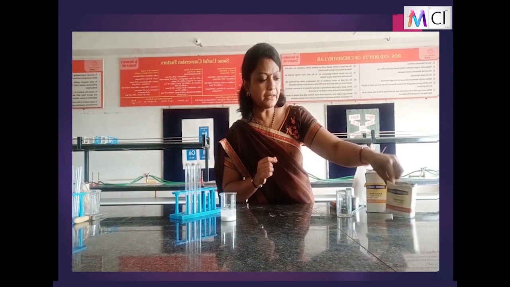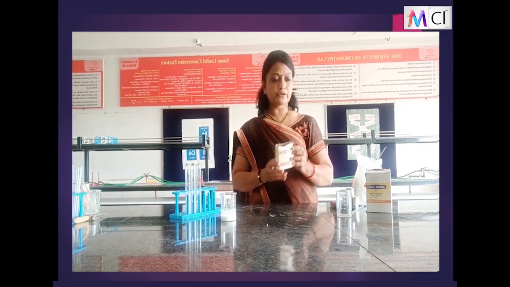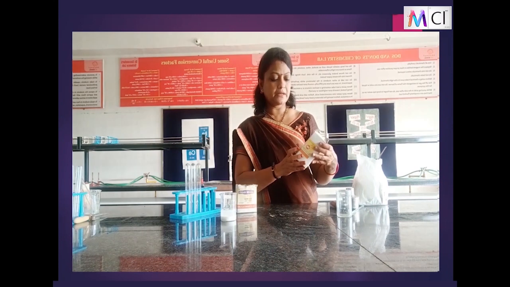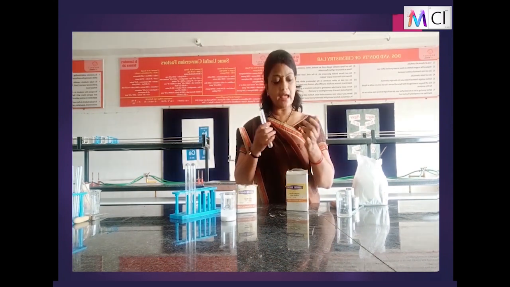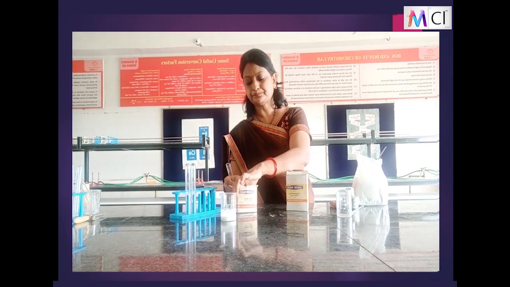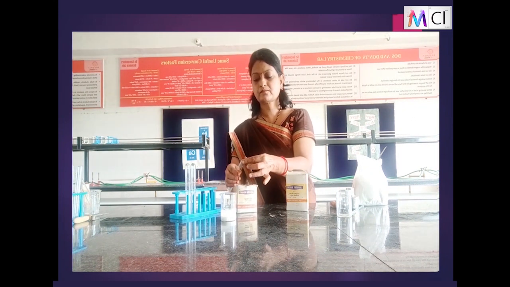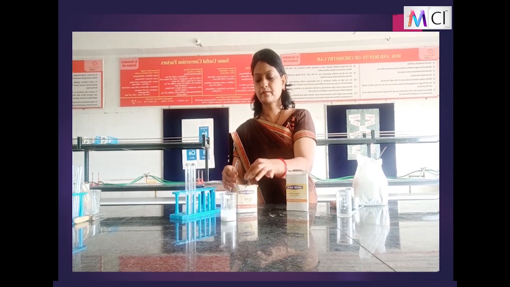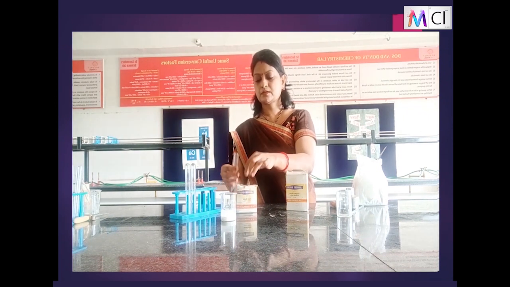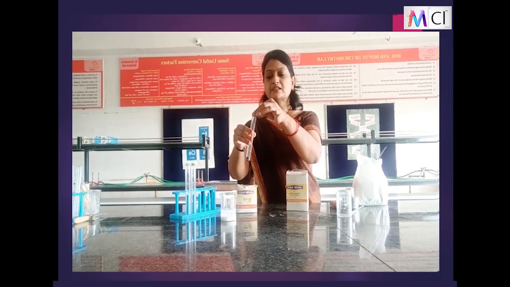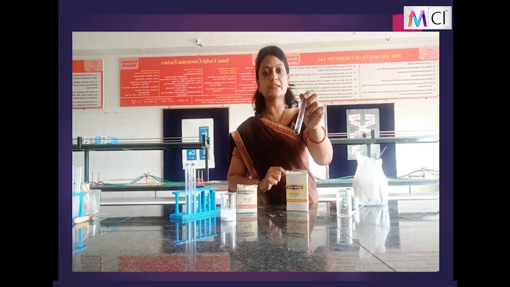I have with me iron metal, so we will be taking iron metal and sulfur powder. In a test tube, I will add iron filings. There are black colored iron filings which I have taken in the test tube.